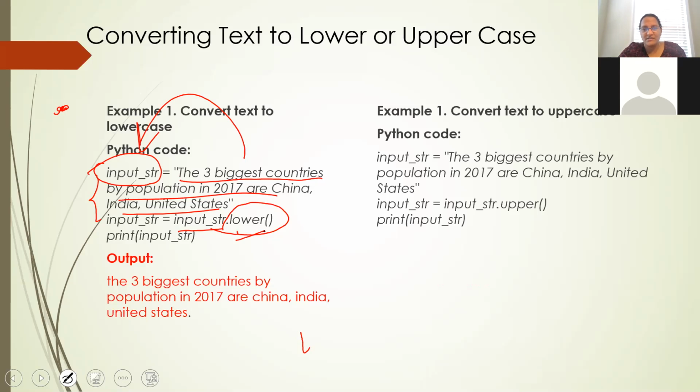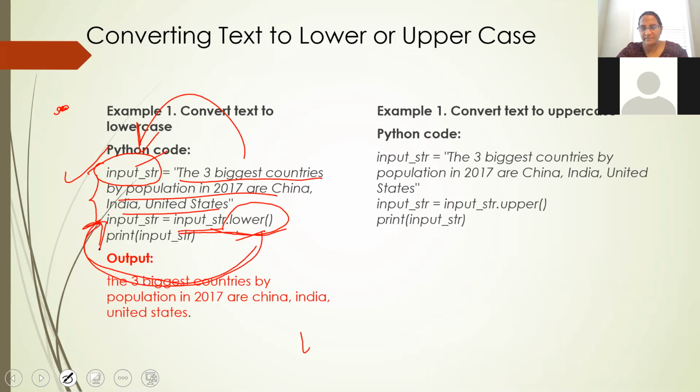Just a single line, and then I am saving the new result again in the same variable. In this first step, I am saving it in the variable named input str, and then this gets overridden because I converted it into lower, and then I am saving it again with the same name.